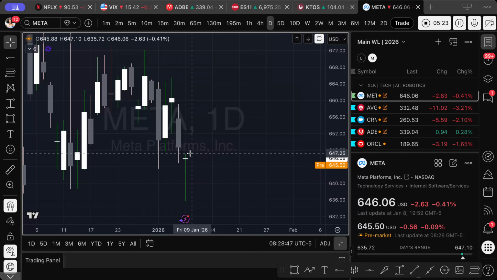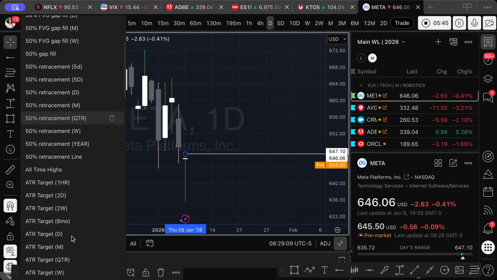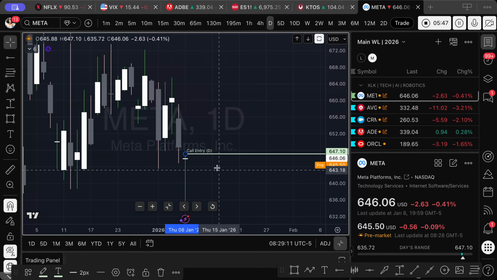Now, a reversal is validated by a break above. It doesn't mean that it has to get this dramatic continuation to the upside. However, it is something to pay attention to for the possibility of a move to the upside. And again, the strat teaches us to be prepared in either direction. So let's go ahead and map this out. So we have our call entry here.